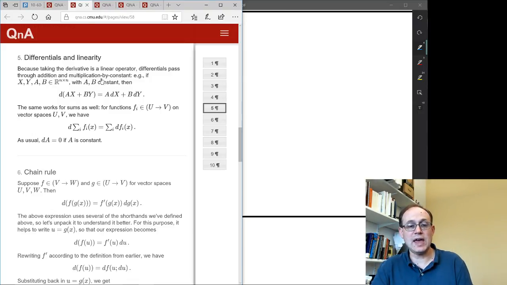So if a and b are constant, then d of ax plus by is a dx plus b dy, or d of a sum is the sum of the differentials. This rule actually follows from the product rule if you use the fact that the differential of a constant is 0.